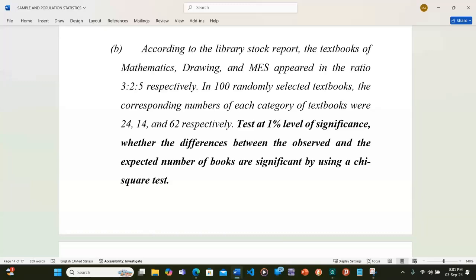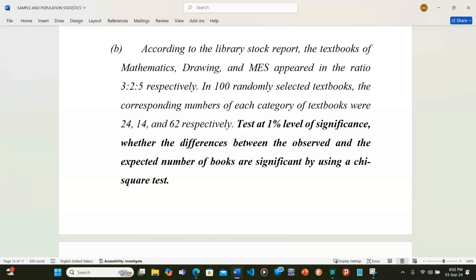Now, in 100 randomly selected textbooks, the corresponding numbers of each category of textbooks were 24, 14, and 62, respectively. Test at 1% level of significance whether the differences between the observed and the expected number of books are significant by using a chi-square test.